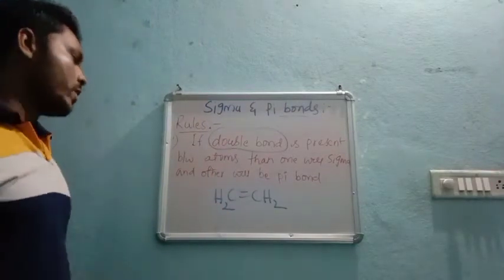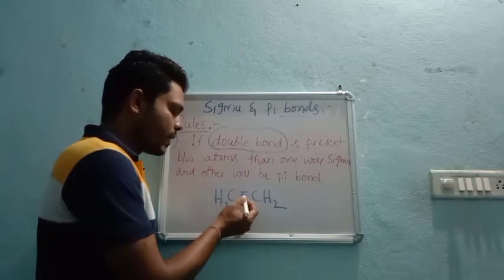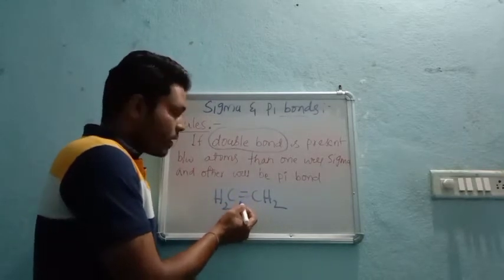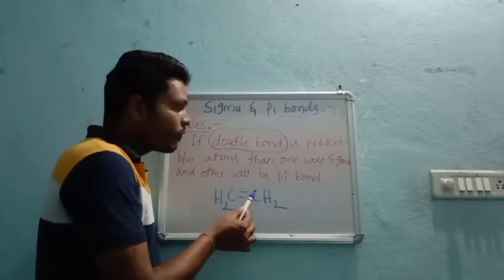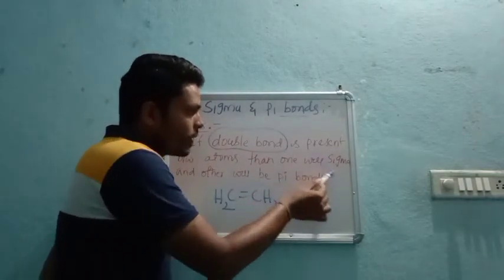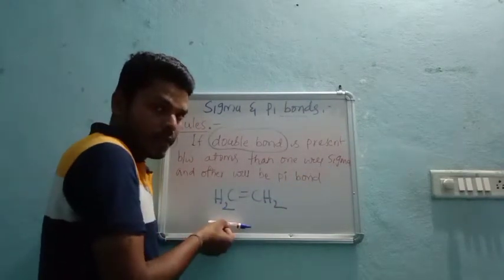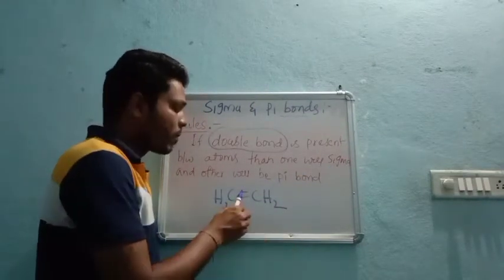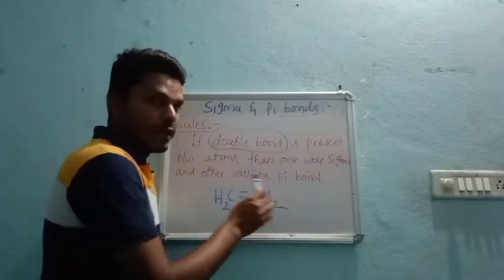Hydrocarbon. Here we clearly see that there is a presence of two bonds. In such cases, always one will be a sigma bond, either the upper bond or the lower bond. There is no rule that only the upper bond should be called sigma or the lower bond should be called pi. No, not like that.